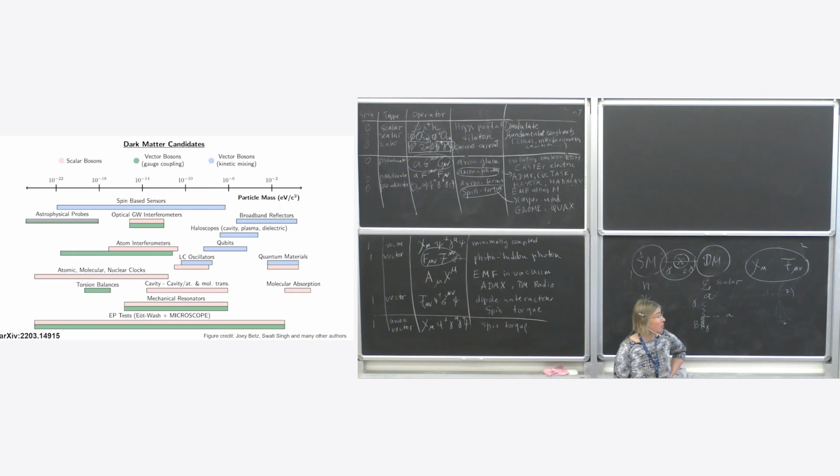Atom interferometers are sensitive to both the gauge coupling of vector bosons and to the scalars. Clocks are sensitive, I would say, only to scalars for now. And then there are cavities or cavity transitions. And there are various mechanical resonators, a lot of them optomechanical, for example levitated nanospheres. And this is a classical equivalence principle test. They're sensitive over that entire range, but essentially there's a flat limit for all of those.